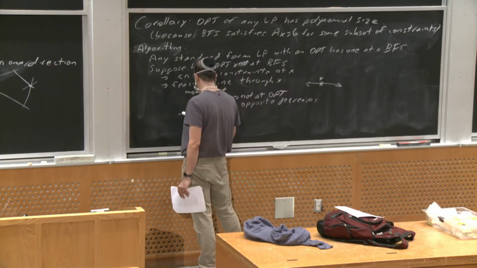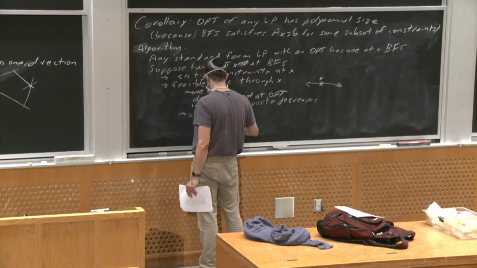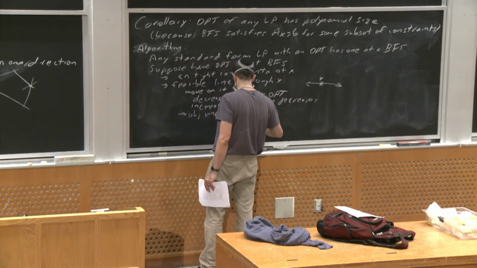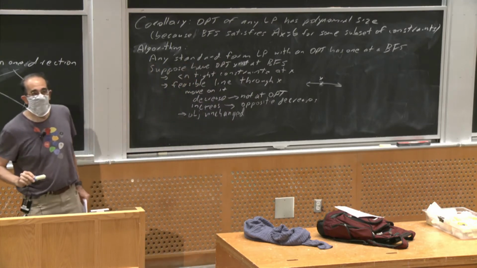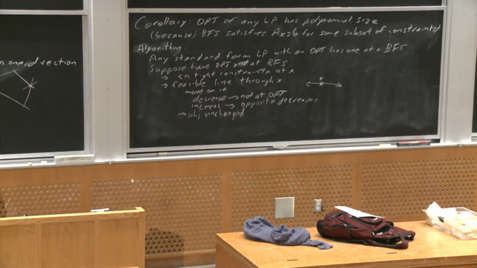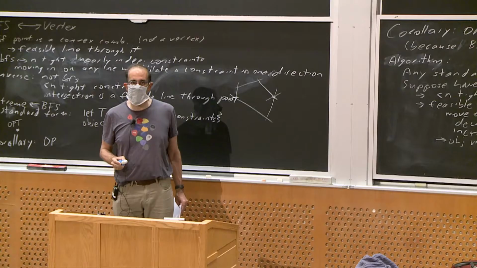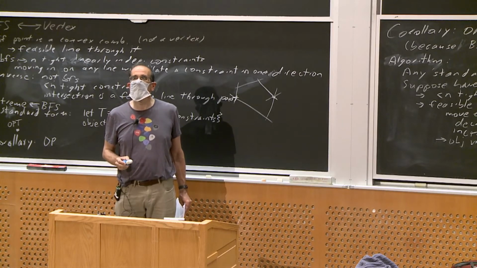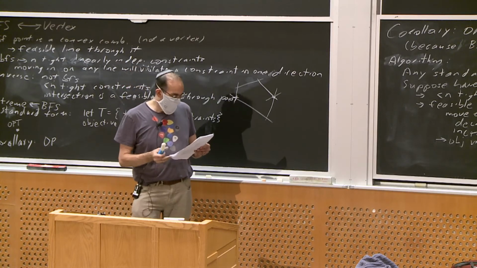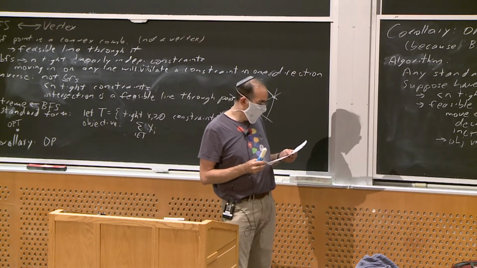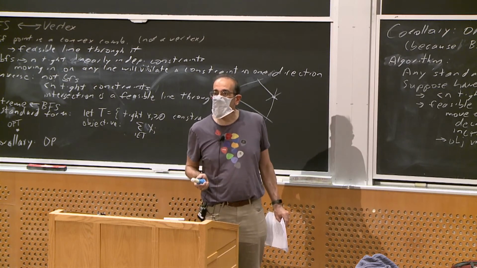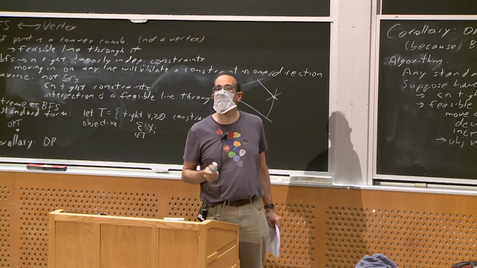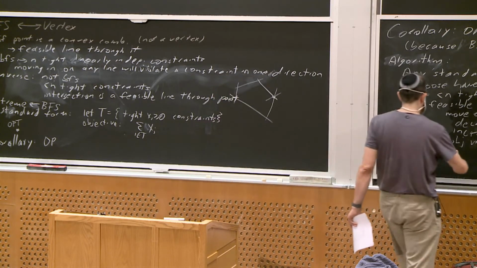So, in fact, the objective is going to be unchanged as we move on this line, which means that all of the values on this line are optimal for the objective. That means we can move in either direction and stay optimum, right?